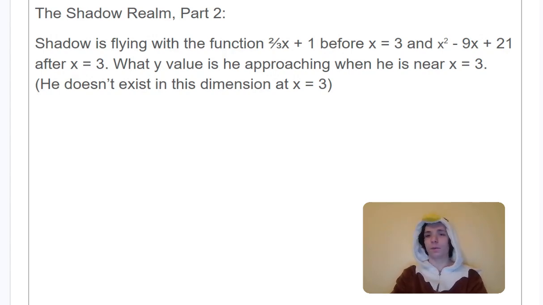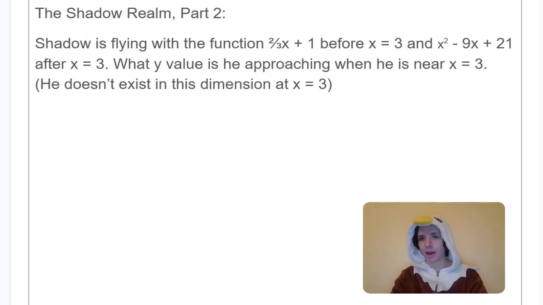And it works if you want a limit that's getting close to something, you can just plug in the exact value, and it will approach that value as you approach the target x value. And x squared minus 9x plus 21, it's going to be 9 minus 27 plus 21, and that is also going to be 3.